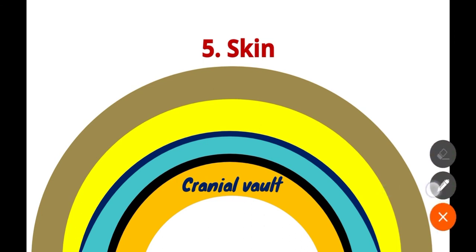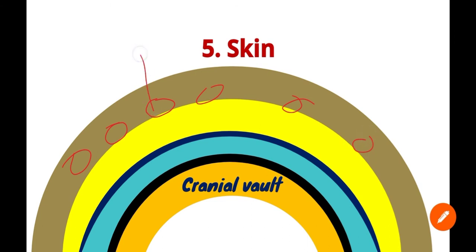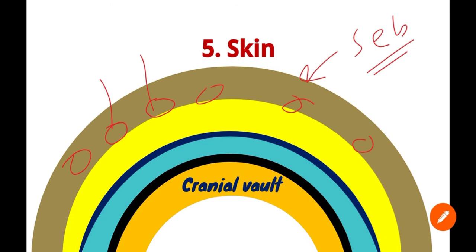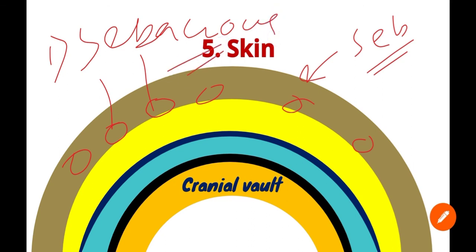As you know, the skin of scalp contains hair follicles, sebaceous glands, sweat glands, etc. And scalp is a common site for the formation of sebaceous cysts. There is a clinical importance: sebaceous cyst is very common in the scalp.